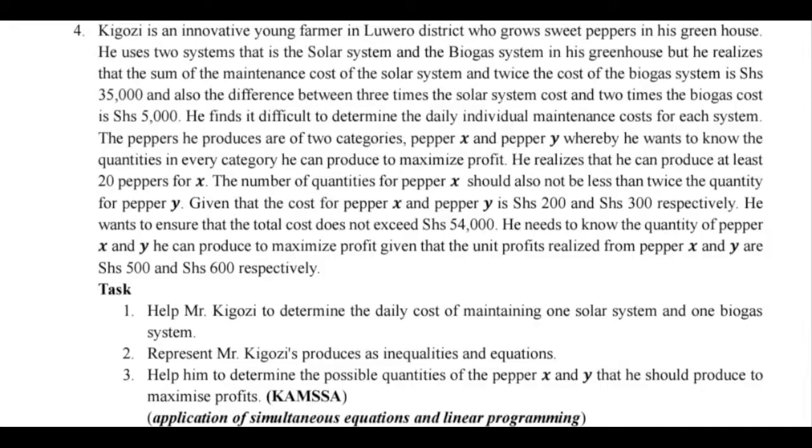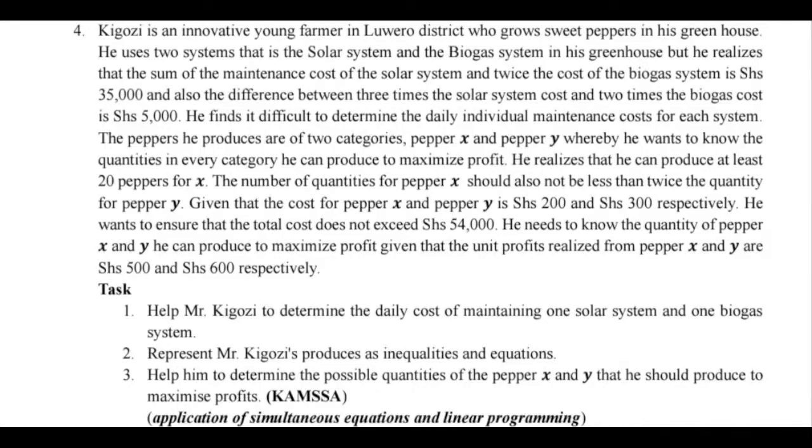He needs to know the quantity of paper X and Y he can produce to maximize the profit, given that the unit profit realized from paper X and paper Y is shilling 500 and 600 respectively.